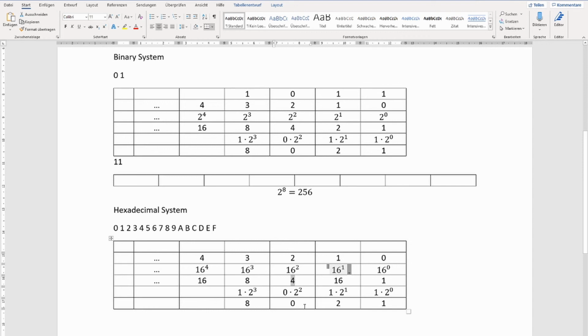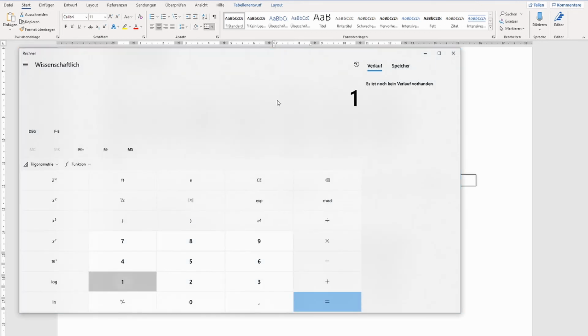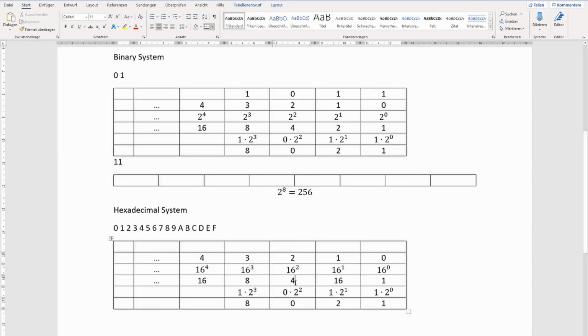What is this? 16 multiplied by 16. Let's call the calculator. 256. What is this?